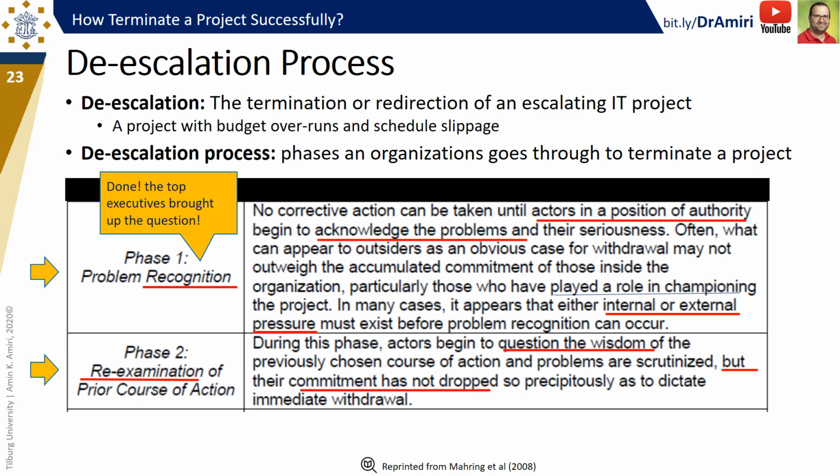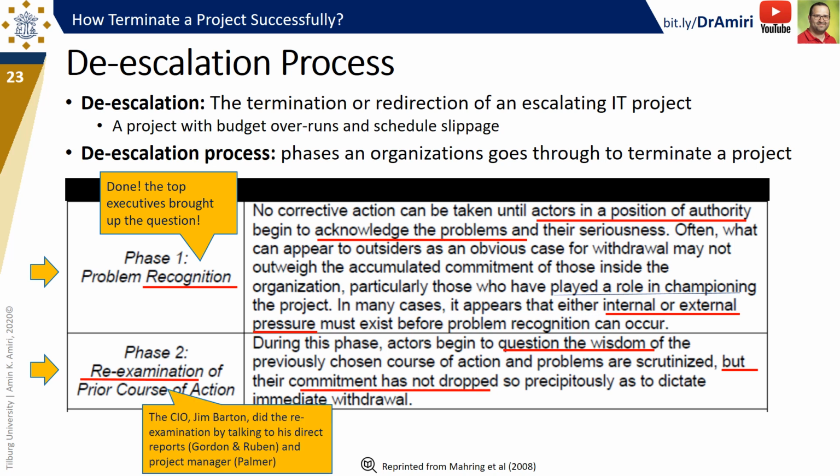They want to know what went wrong and why it went wrong. In the case of IBK, the CIO, Jim Barton, did the re-examination by talking to his direct reports like Tyra Gordon and Ruben, and also the project manager Palmer, to figure out why the IR project is not providing any value for the organization.